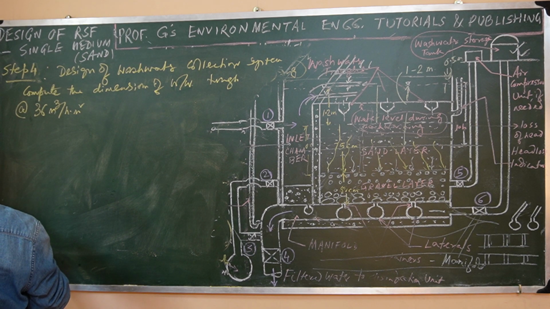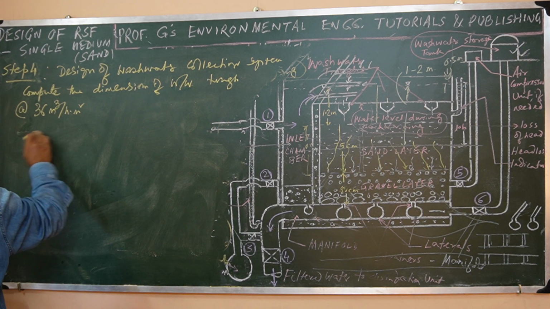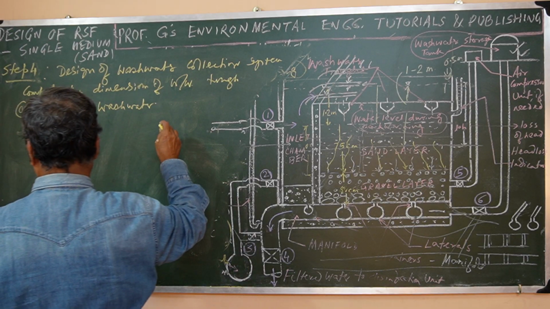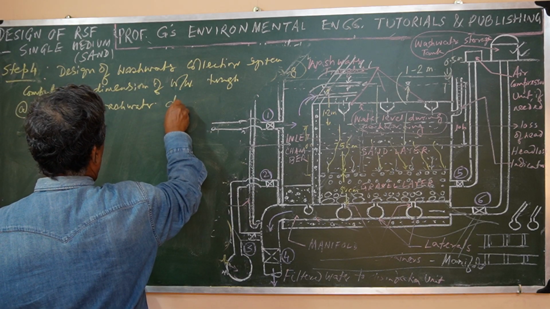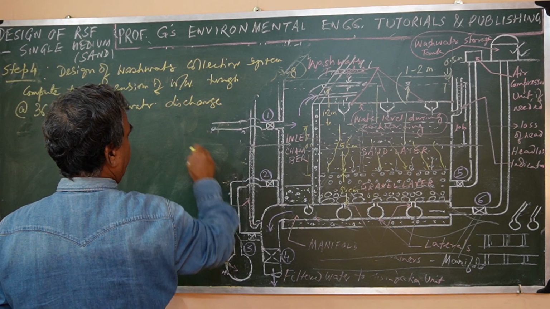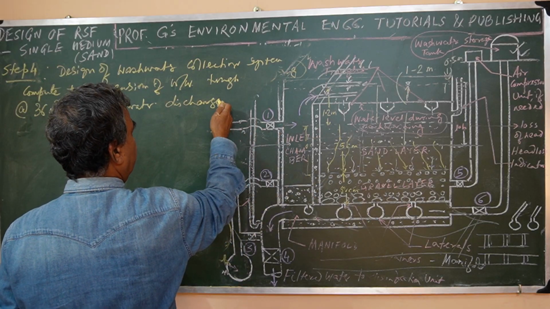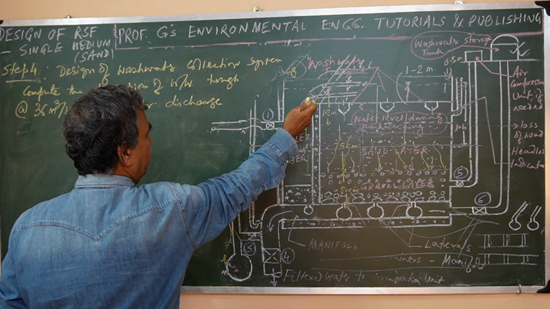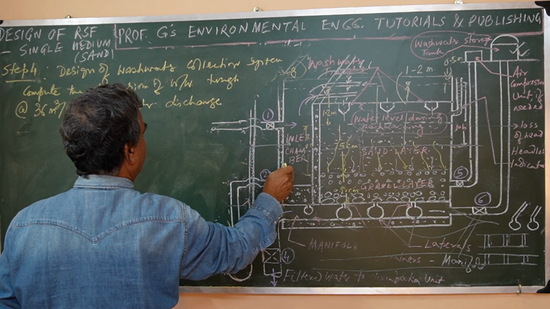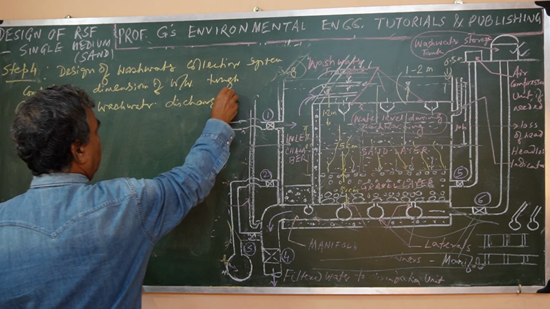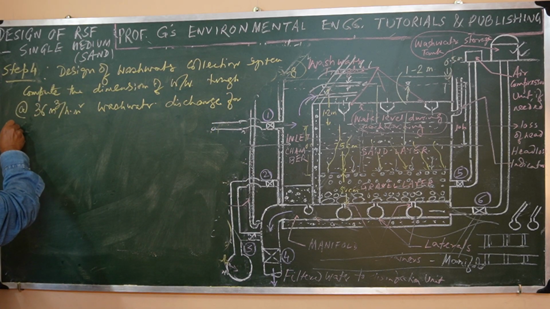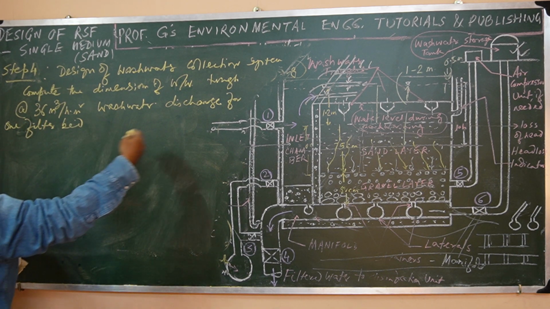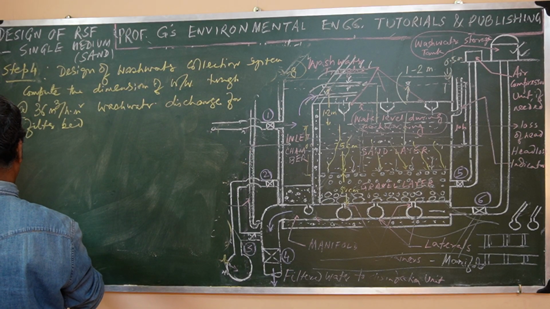So at that rate the wash water discharge or collection, you can say, discharge through the bed, then the collection into the troughs and finally into the gullet also, for one individual filter bed.